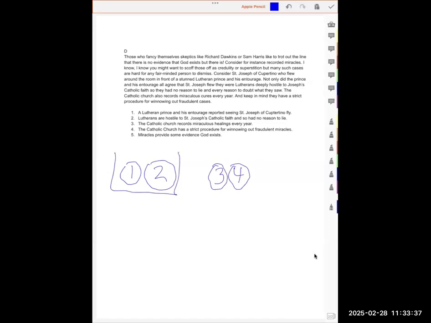We draw little brackets around one and two, around three and four. This shows that each of these sets work together. And they all together provide some support for five, our conclusion.